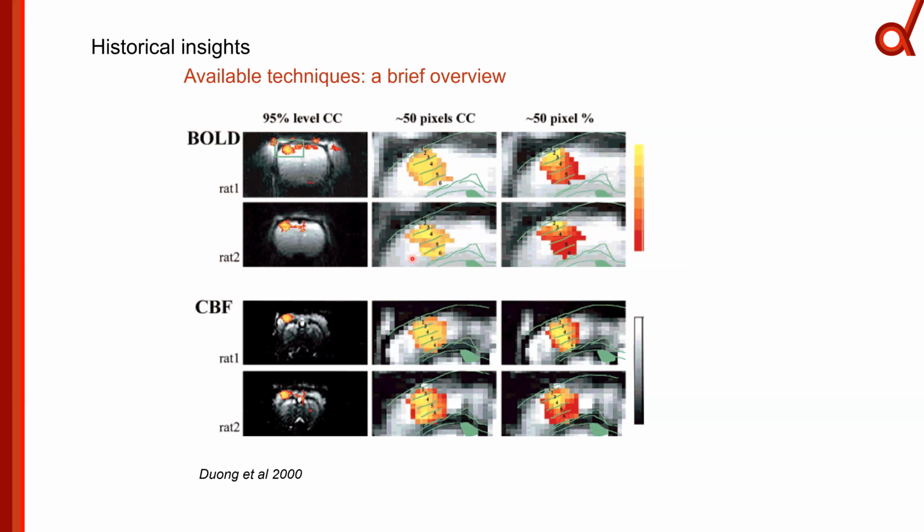And what you see already is looking at the BOLD response in the rat, looking at the CBF response in the rat, getting a laminar response where, if you look at the signal change in percentages, the BOLD signal change is building up towards the surface, where this isn't the case with the CBF. You can also notice with the correlation coefficient, it's not so bad with the BOLD, but most people look at BOLD in terms of the size of the response as a function of the depth.